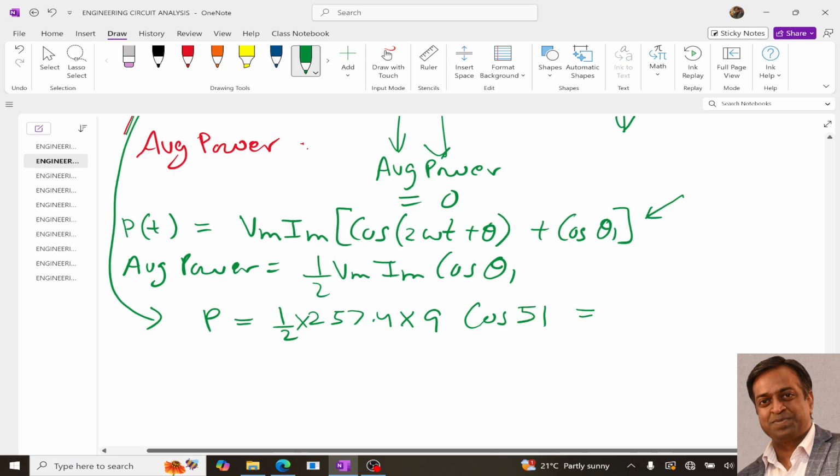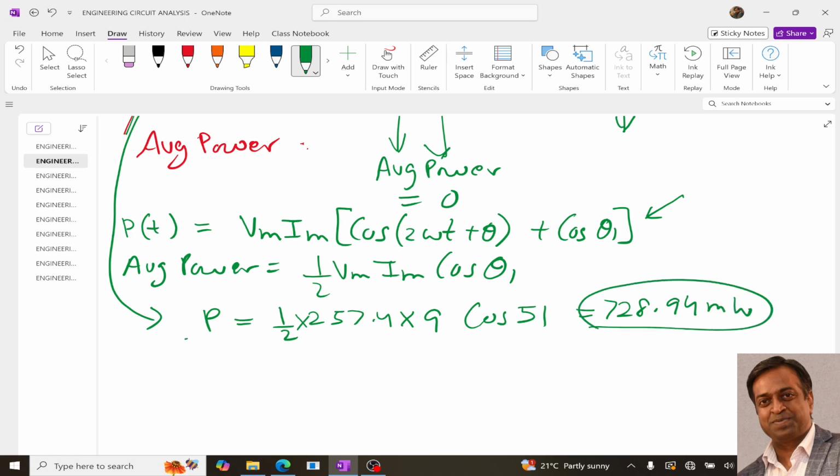Solving this, we get the answer as 728.94 milliwatt. So this is the average power.